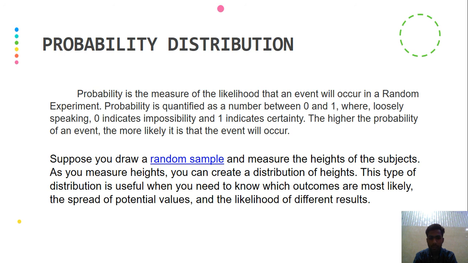Suppose you draw a random sample and measure the heights of the subjects. As you measure heights, you can create a distribution of heights. This type of distribution is useful when you need to know which outcomes are most likely, the spread of potential values, and the likelihood of different results.